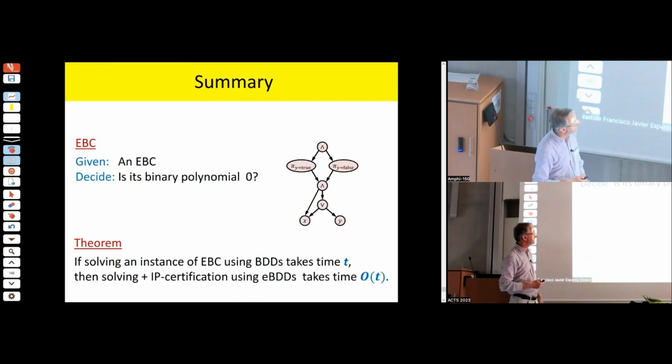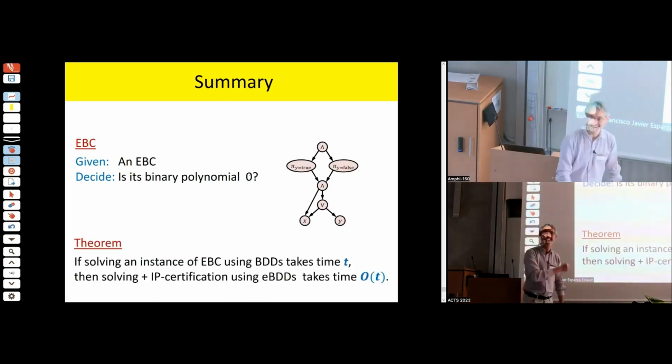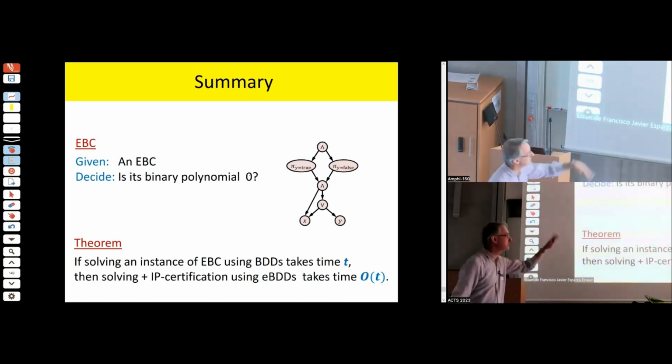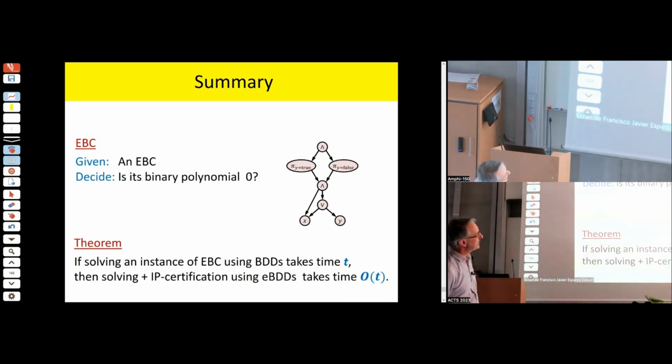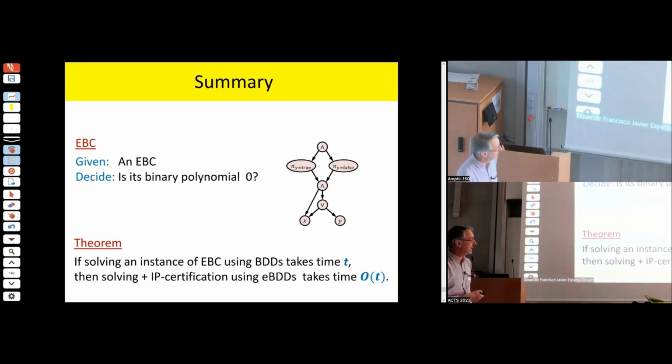That question can now be solved. I had corrected it here, but not there. Let's forget about the previous one. Given an extended Boolean circuit, the question whether its binary polynomial is identically 0 can be answered without overhead.